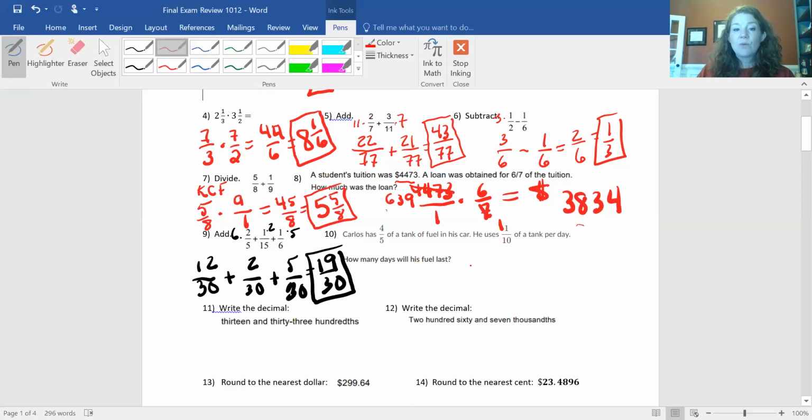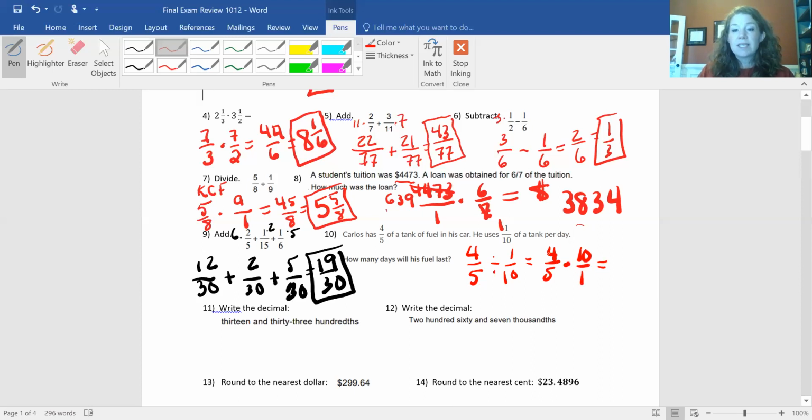So basically, if he has 4/5 of a tank of gas and he uses 1/10 per day, we have to divide 4/5 by 1/10 to figure out how many days he will be able to drive without putting gas in his car. So then this is a division problem. So we're going to keep it, change it, flip it.